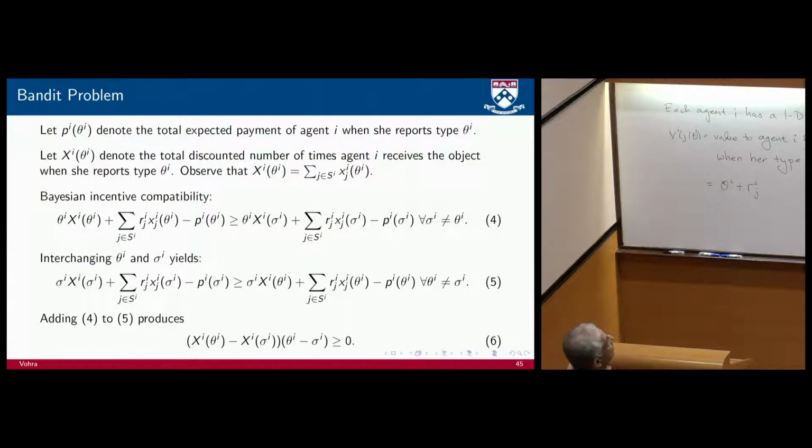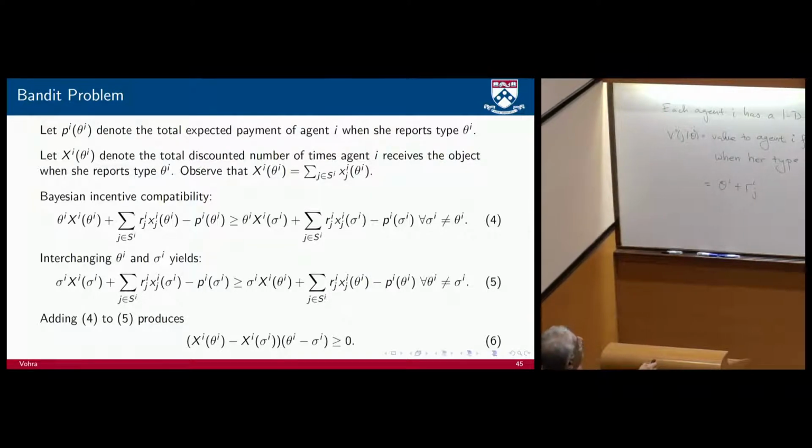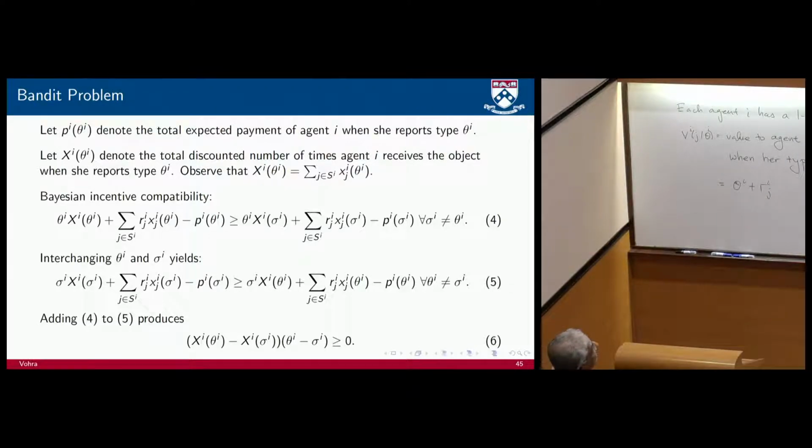Okay? Now, some algebra. Let's write down the Bayesian incentive compatibility constraints. So Pi of theta I is your expected payment for agent I when she reports theta I. Xi of theta I denote the total discounted number of times agent I receives the objects when she reports theta I. That's this object that I wrote down here.